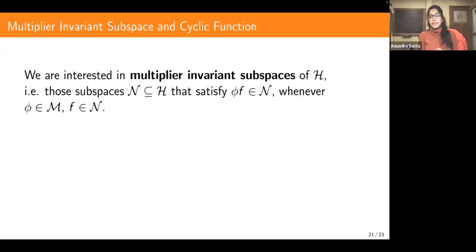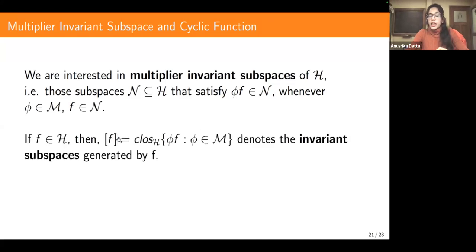This is a subspace N of a Hilbert space H such that phi times f is in the subspace whenever phi is a multiplier and f is in the subspace. So phi is a multiplier on H, and by the property of the multiplier, phi times f is always in H, but it may not be in N. But if it is in N, then we say that this is a multiplier invariant subspace.